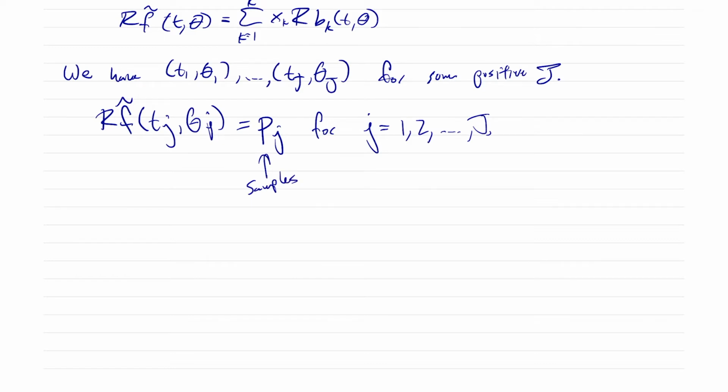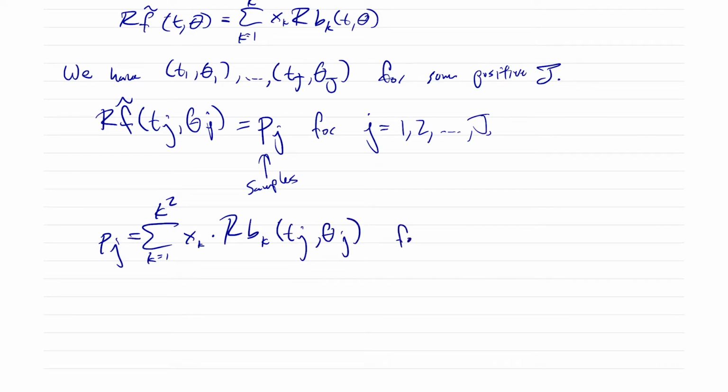Okay. So now we can actually develop a system of equations. What we have then is p_j is equal to the sum k equals 1 to K squared of x_k times the Radial transform of our basis functions at (t_j, theta_j), for little j equal 1 all the way up to big J. Okay, so then there's still one last unknown that we haven't really talked about.